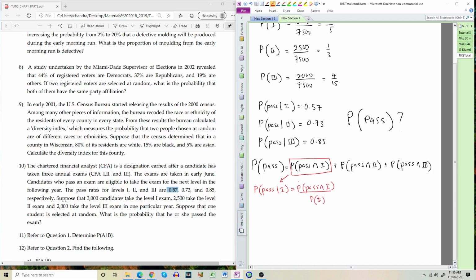So if you want to find this, you multiply with this. That's how you find the thing. So if I want to expand this, that would be plus.